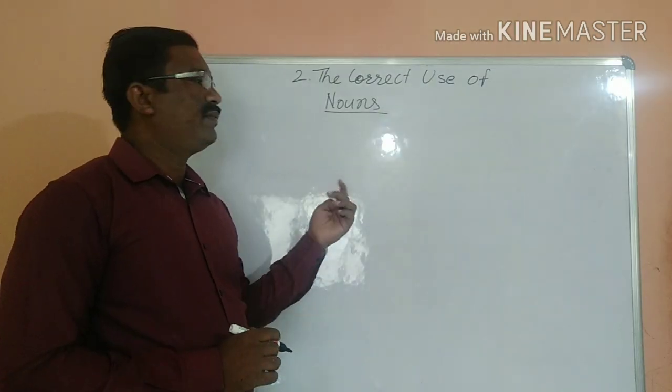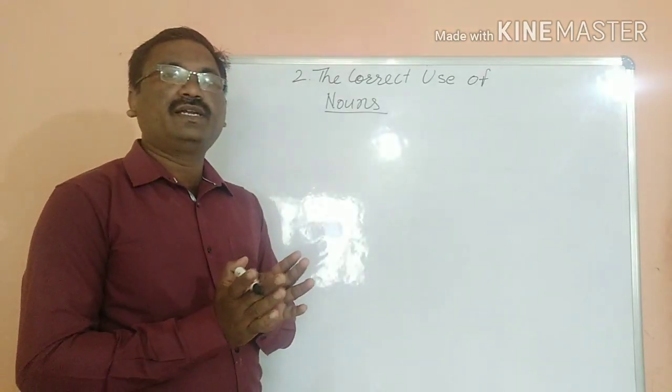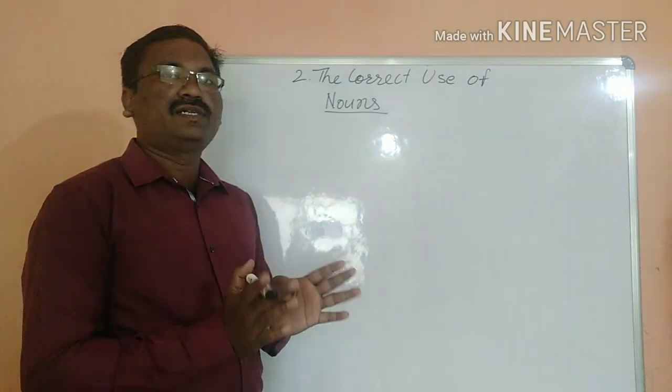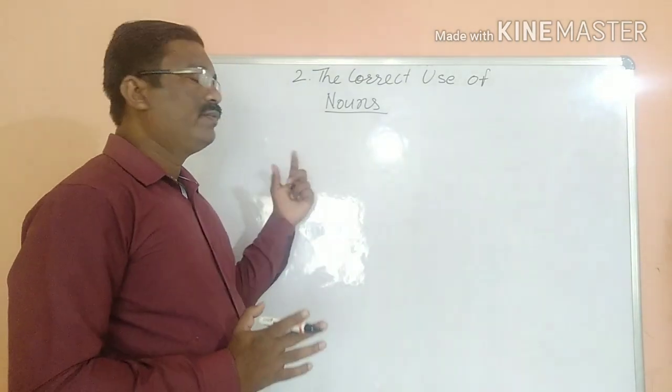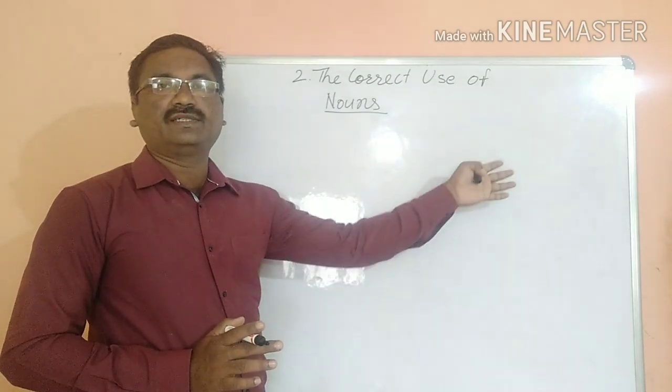Dear students, if any action is related with two persons, if they have done any action together, so when we are using two nouns, the last noun we can use as a possessive.